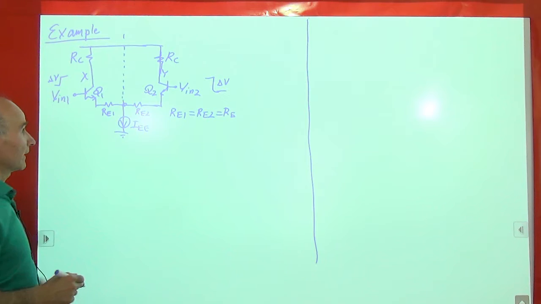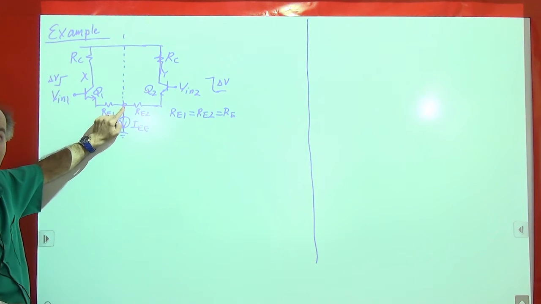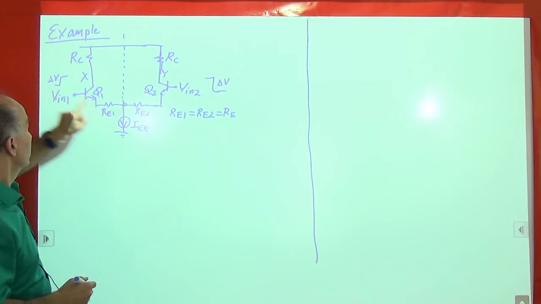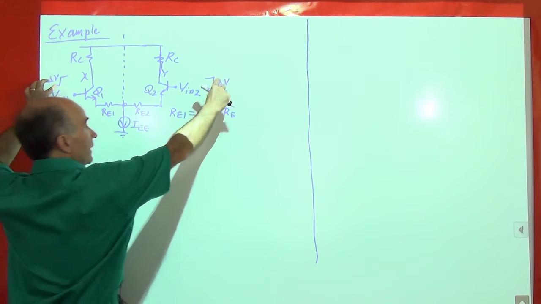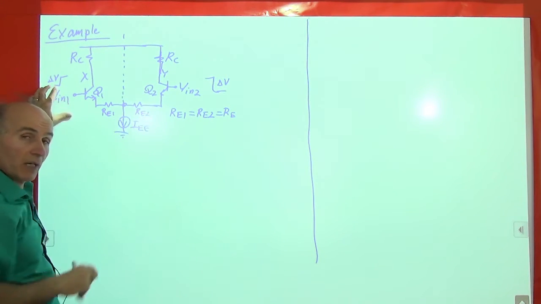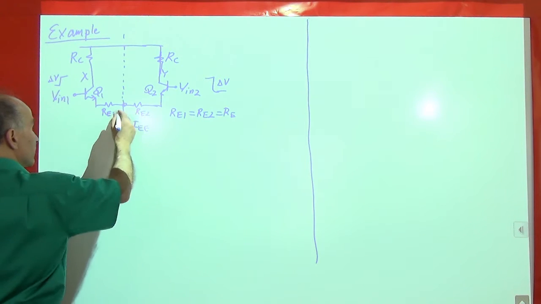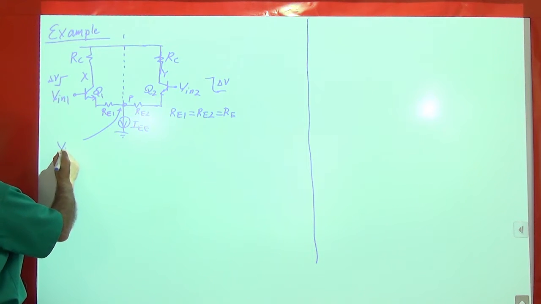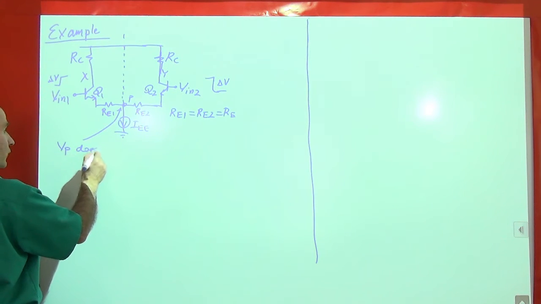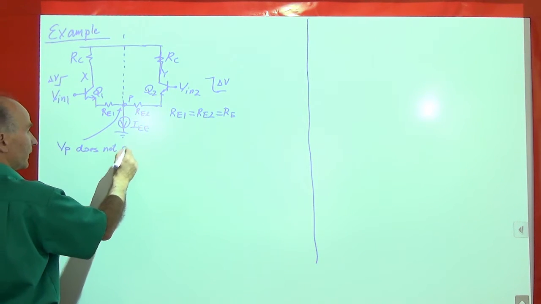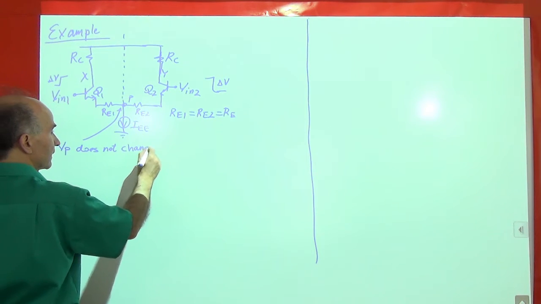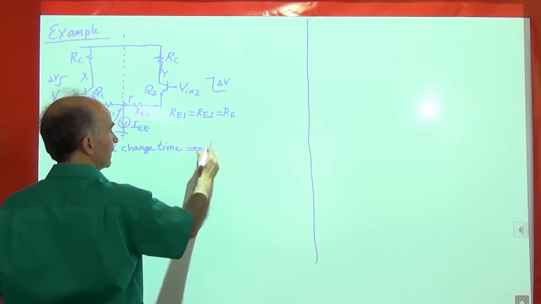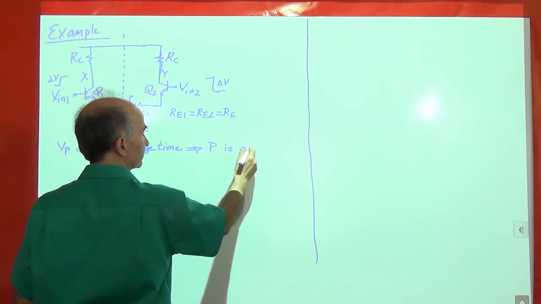Because this point lies on the line of symmetry, for small differential changes at the input, this voltage will not change. So if you call this node P, Vp does not change with time.